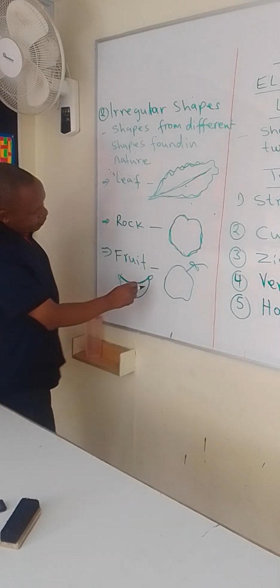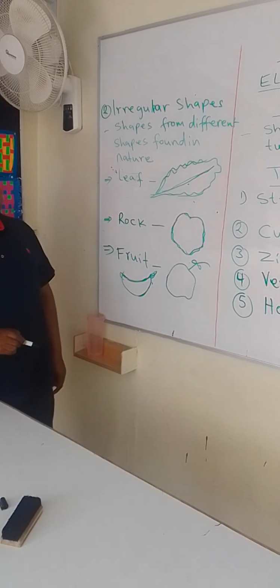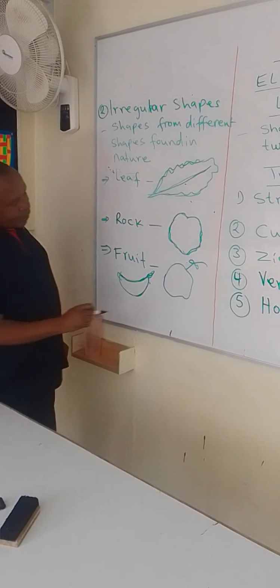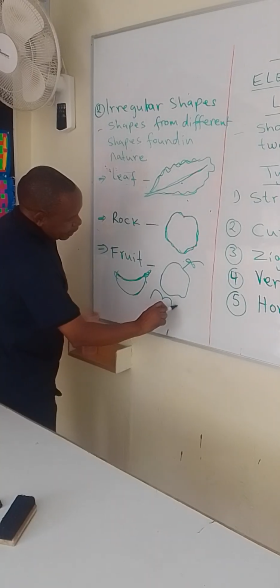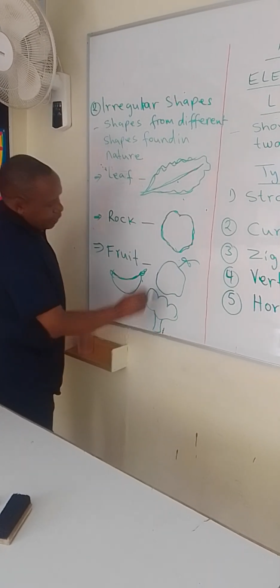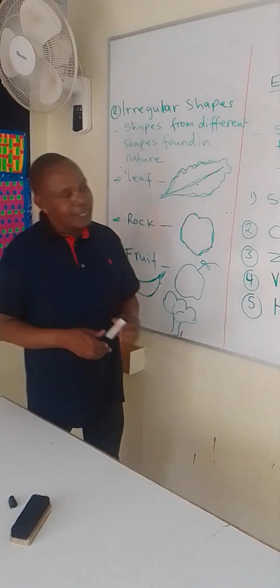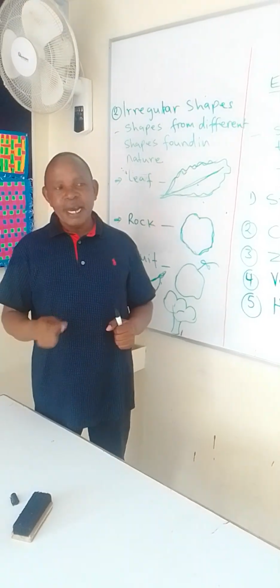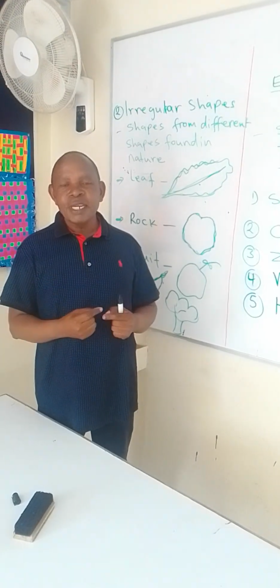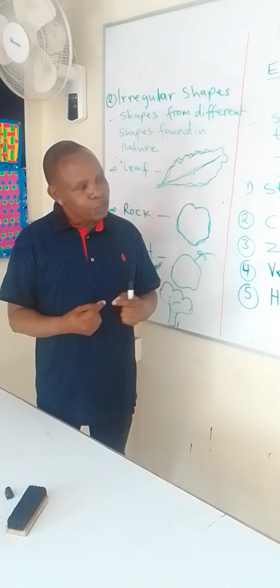We can have this curved line and another curved line joined together, and we have the shape of a banana. Even when you're drawing a tree, you can decide to have a curved line, and then you draw some vertical lines, and we have the shape of a tree. So we find that the line is a very important element in art, like the foundation of any drawing.